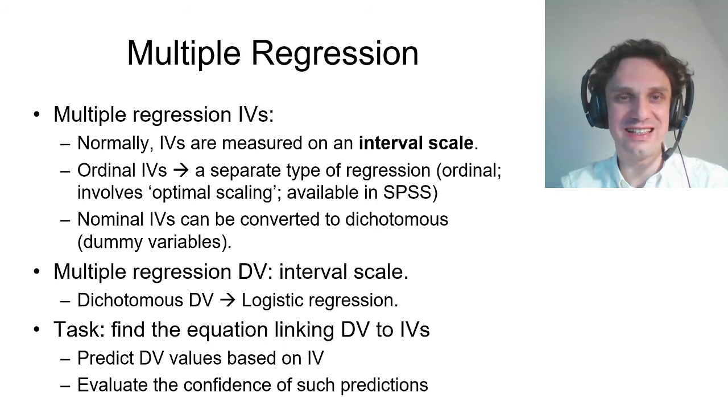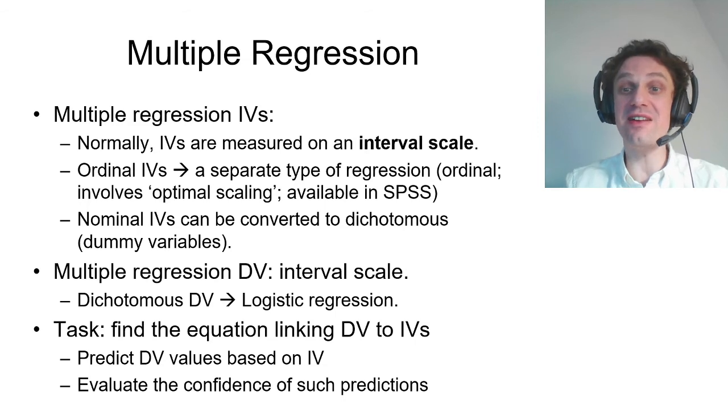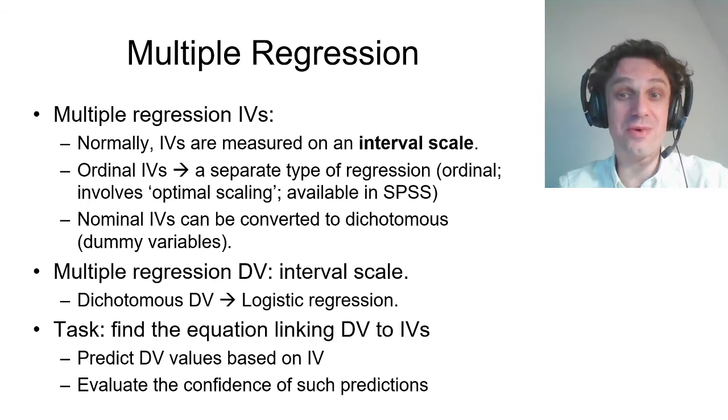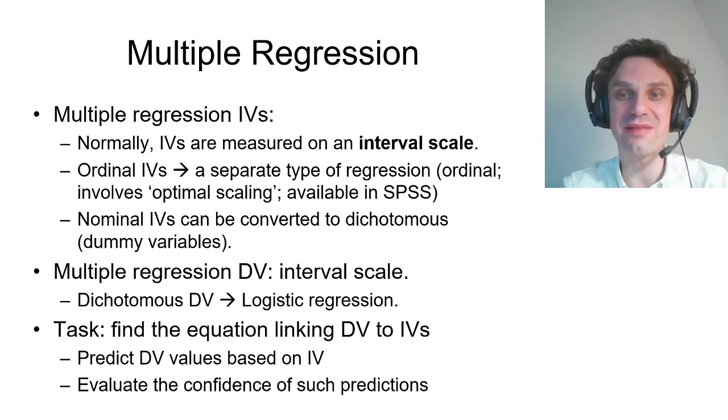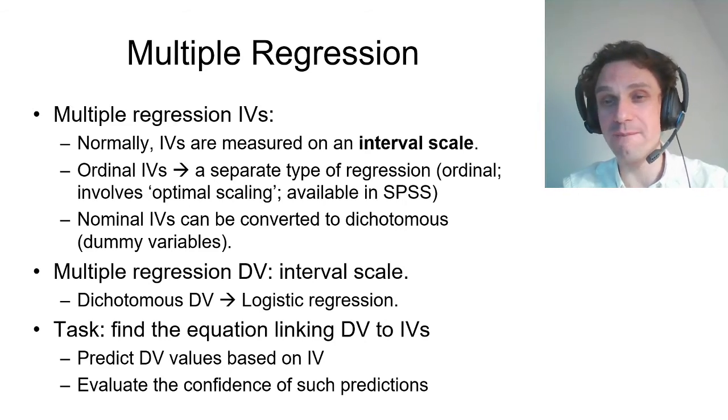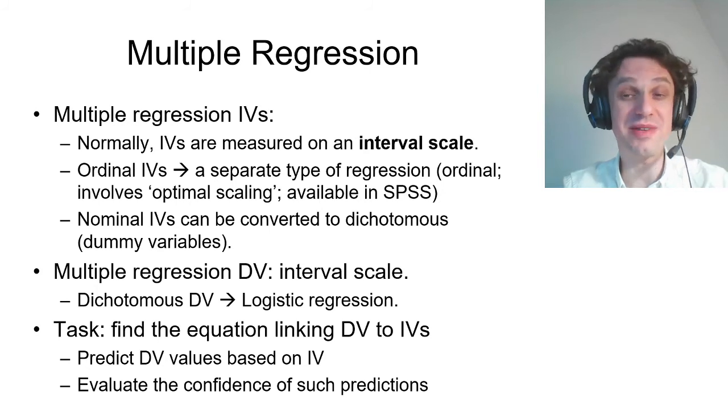multiple regression. So what are the variables that multiple regression deals with? We assume that our independent variables and our dependent variable are all measured on an interval scale. If you have ordinal variables, it's a bit problematic.